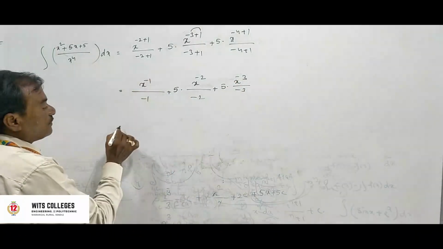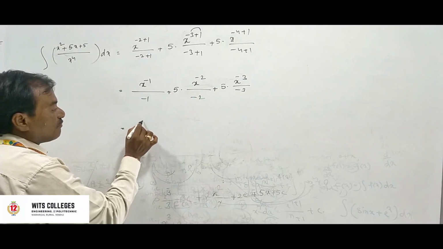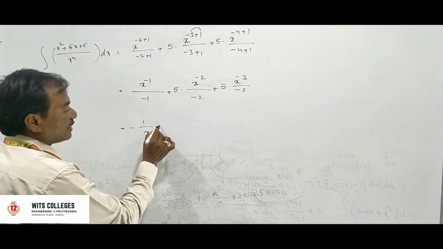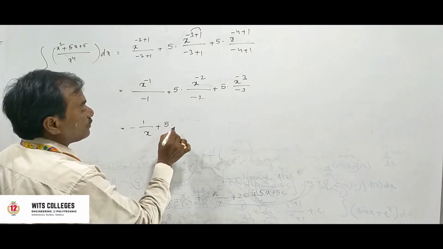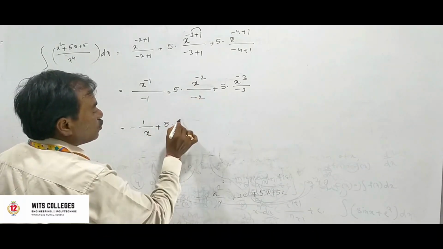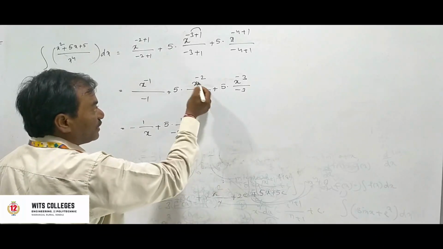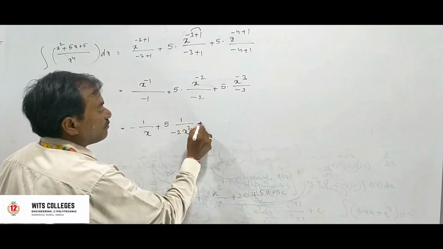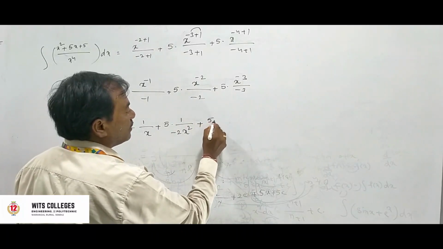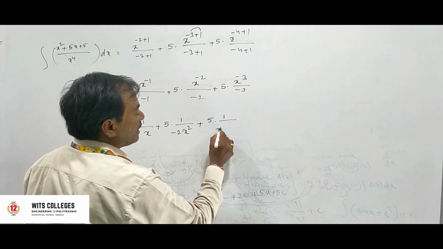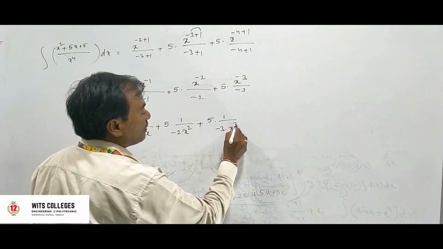X to the power of minus 1 means 1 by x. Plus 5 into x to the power of minus 2 means 1 by x power 2, we shift this into the denominator, plus 5 into x power minus 3 means 1 by x power 3.